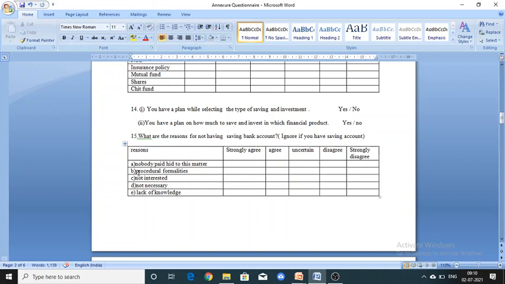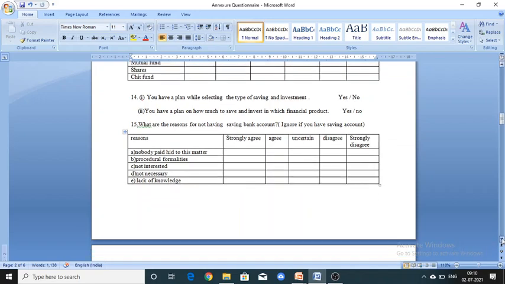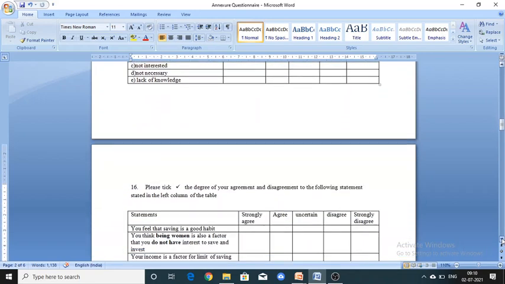Okay. Then procedural formalities regarding opening a savings bank account. This may sometimes be a reason for not having a savings bank account. So here the respondent needs to indicate the degree of agreement and disagreement. So this is a scale item.